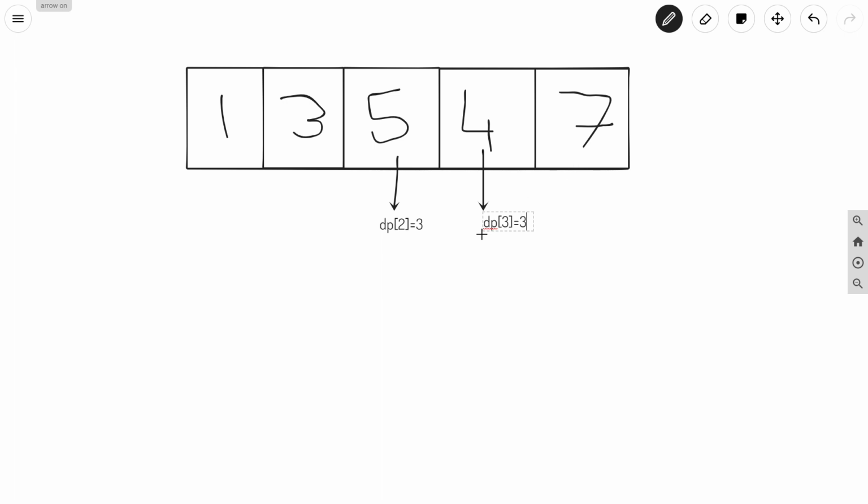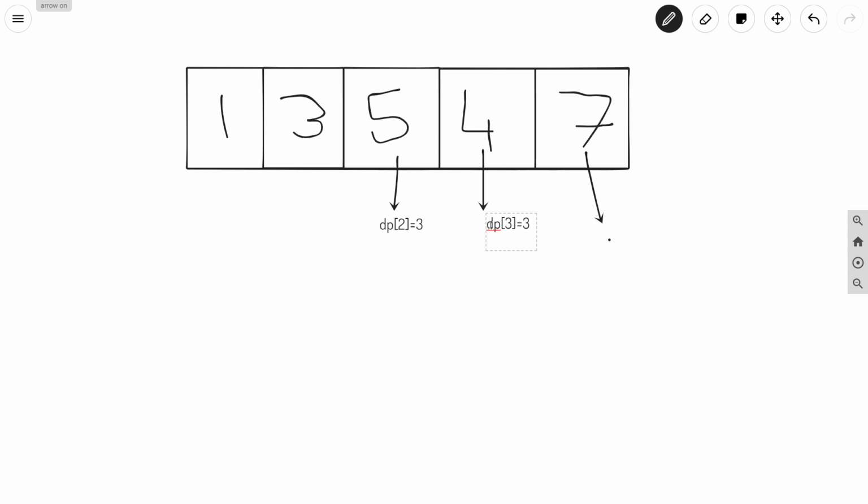So when we are on this index, dp of 3 was initially 1, and it was updated to 3.